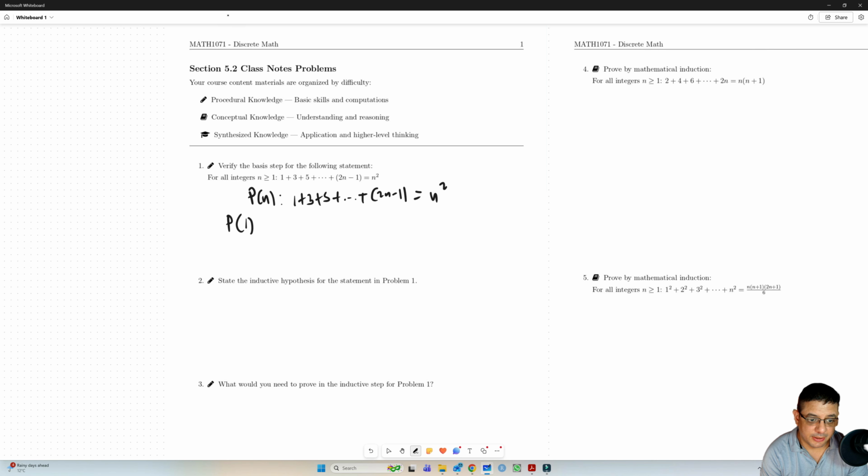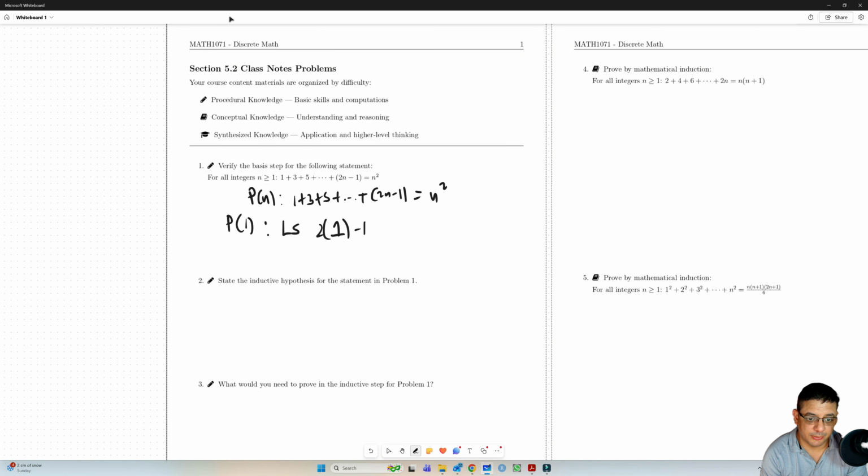First, let's check the left side. The left side is, of course, just 1, because it's 2 times 1 minus 1, and so this is essentially just 1.